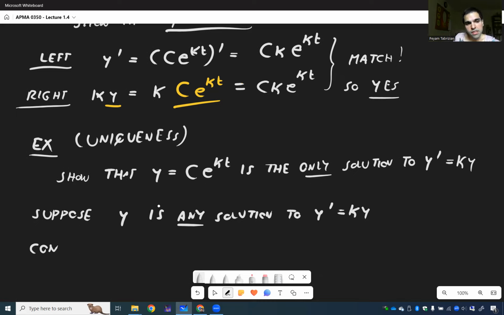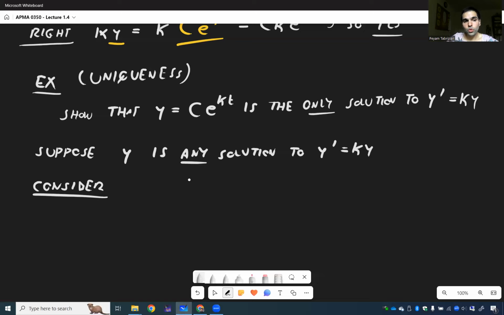For this, consider the following, and again, I will motivate this at the end. You take y, you multiply by e to the minus kt, and you differentiate. Once again, very mysterious now. I will explain it.